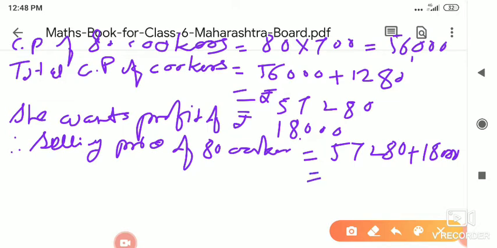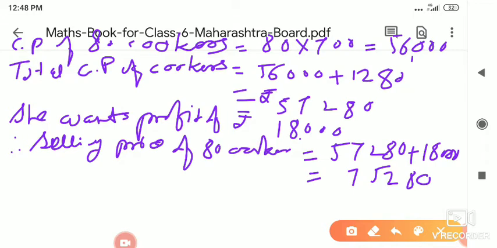Adding both, 75,280 is the total selling price. Understood what we have done here? We added 57,280 and 18,000, and its answer is 75,280. That is the total selling price.